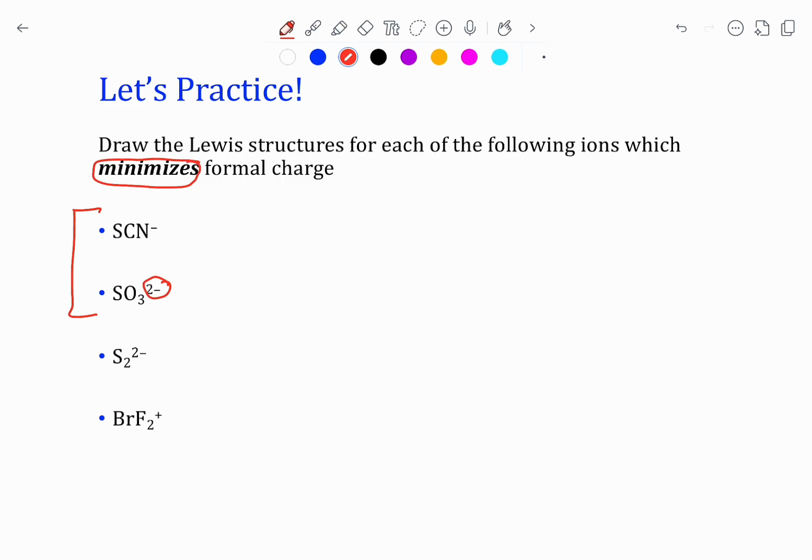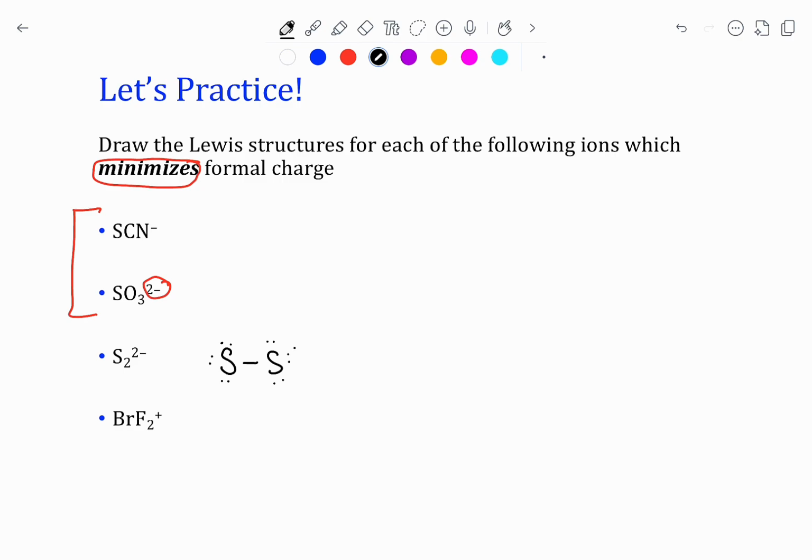Let's talk about the second two first, just because they're not going to have variable structures because their formal charges are what they are. They follow all of our guidelines. So we have S2 2 minus. That structure is going to look like S, 1, 2, 3, 4, 5, 6, 2, 3, 4, 5, 6.